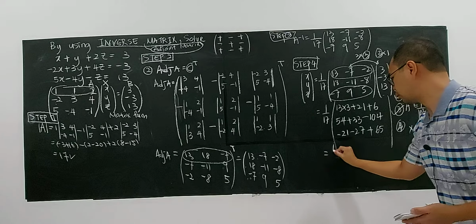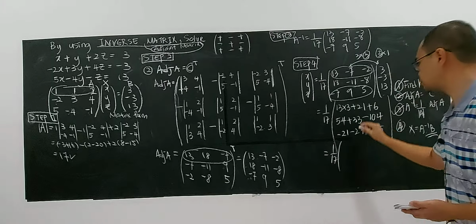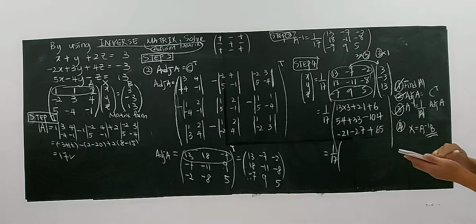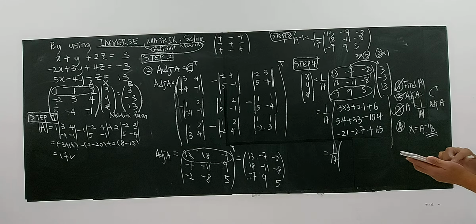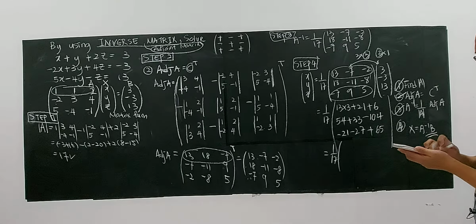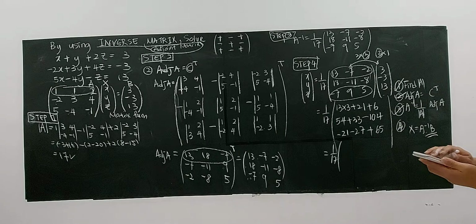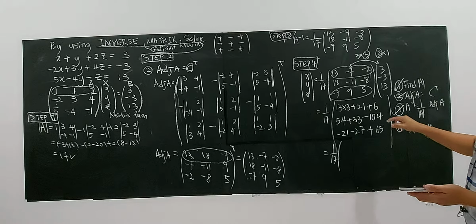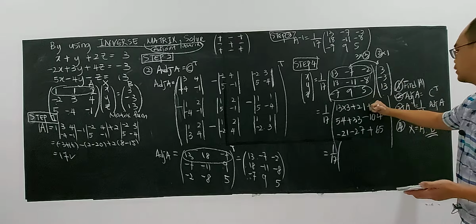So then you have 1 over 17. Oh, sorry, this is negative 26.